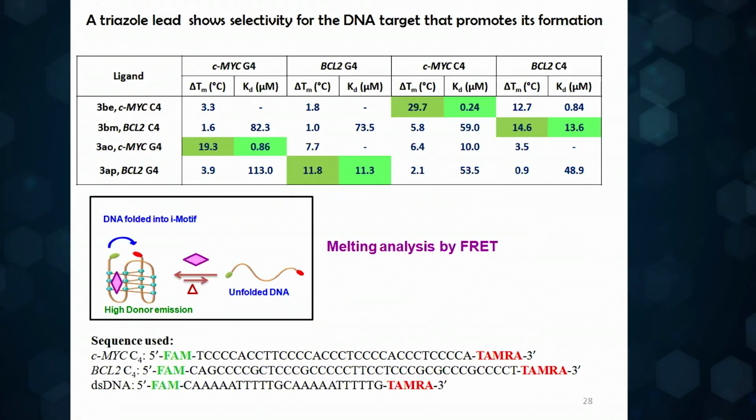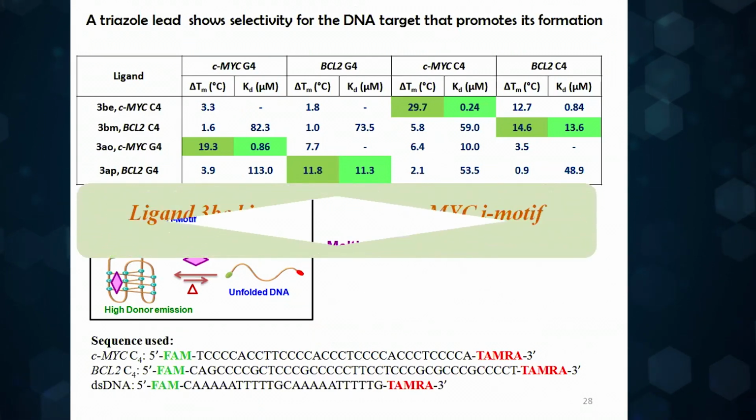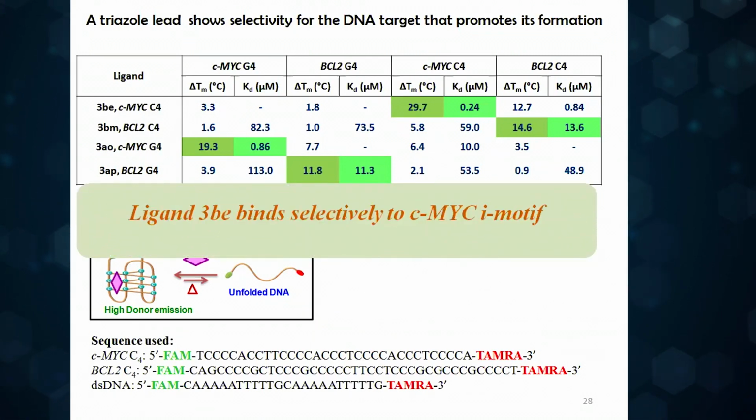For instance, ligand 3BE, which is obtained by the c-MYC I-motif, shows a high delta value, that is, high stabilization potential for the c-MYC I-motif, and not for the other quadruplexes and I-motifs used for the biophysical studies.